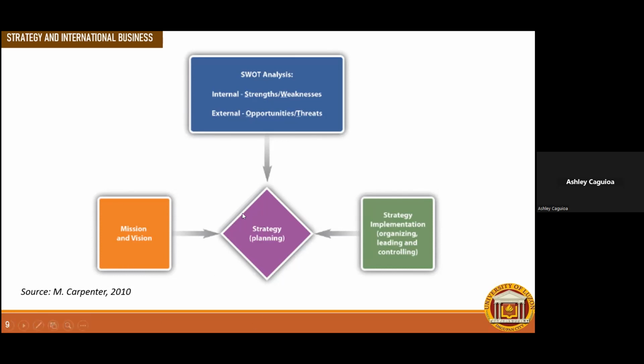So again, strategy is a plan. We must strategize by way of the mission and vision, the SWOT analysis, and the implementation: organizing, leading, and controlling. In SWOT analysis, we have internal, the strengths and weaknesses, and external, the opportunities and threats.